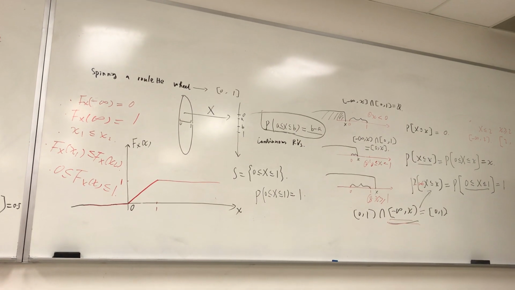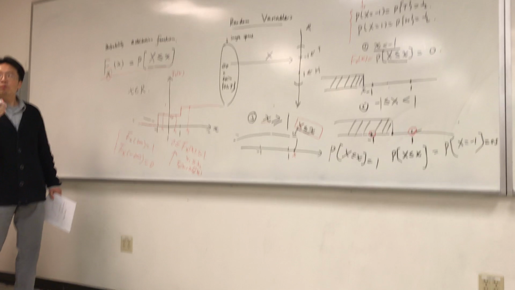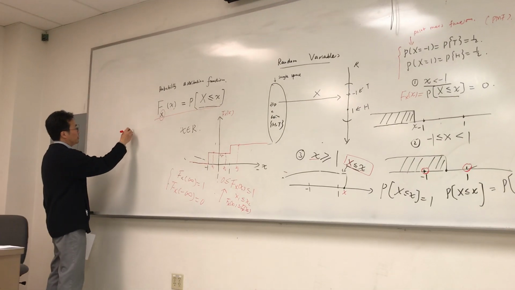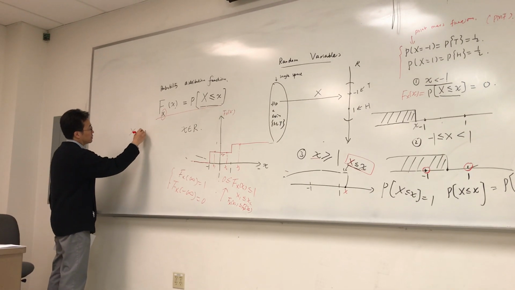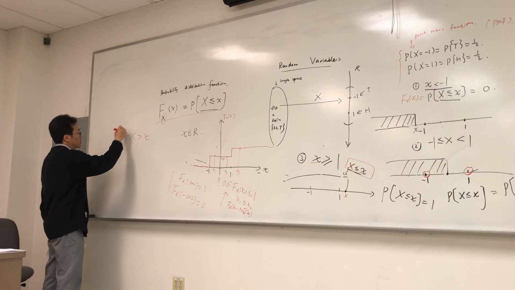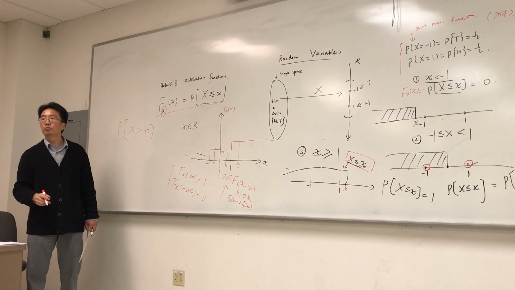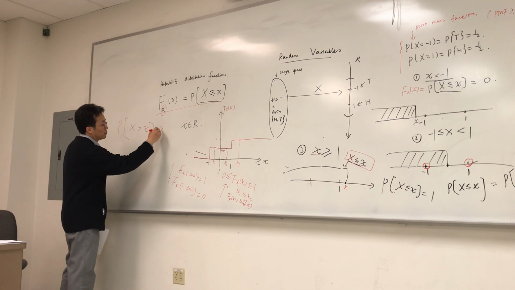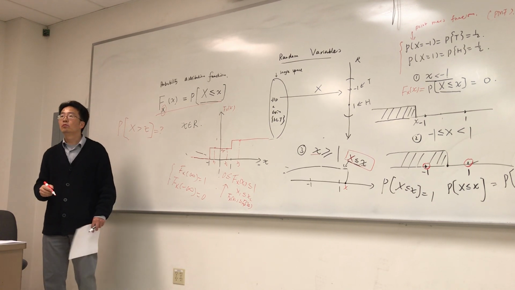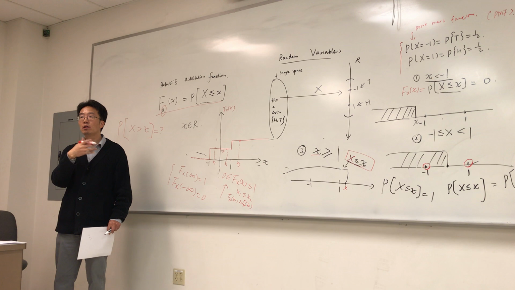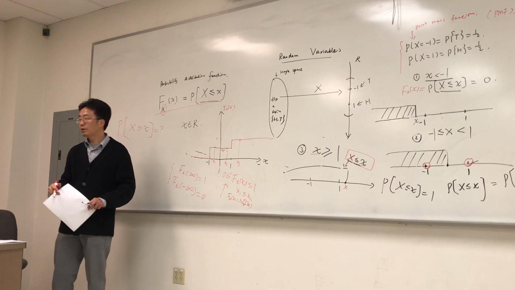The function is defined as this probability, right? What if we'd like to determine this probability? What should we do? Just think about this, okay? We'll talk about it after the break, okay?